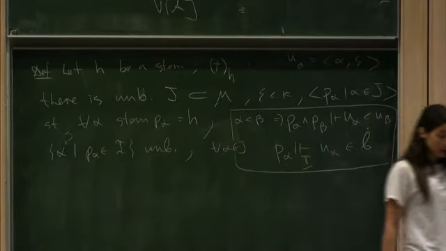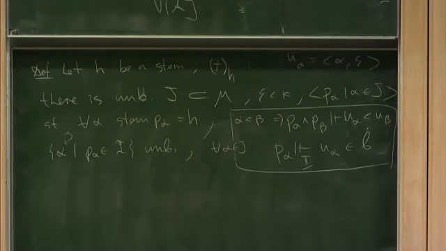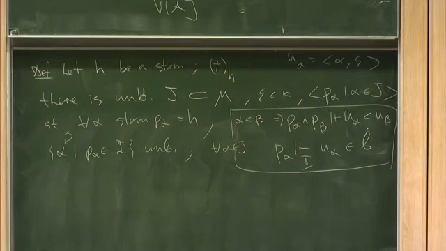So what Itai showed is that densely often, for any stem, you can find an extension of that stem, call it H, for which dagger of H holds.